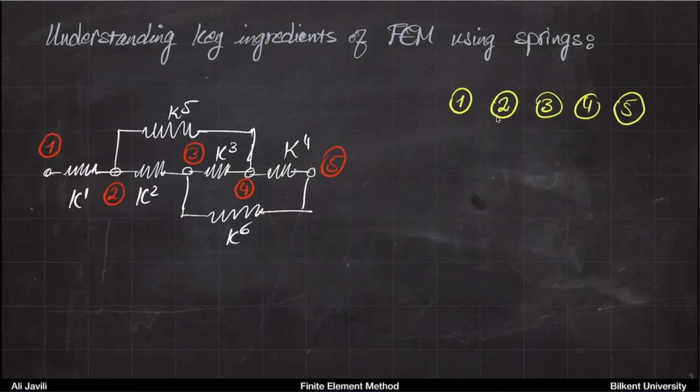Okay, so basically we are going to have a stiffness here, 5.